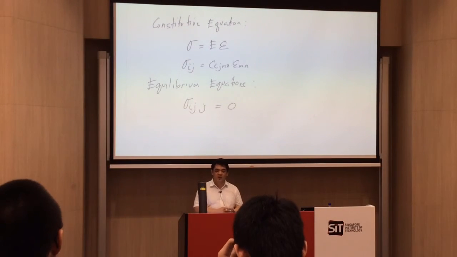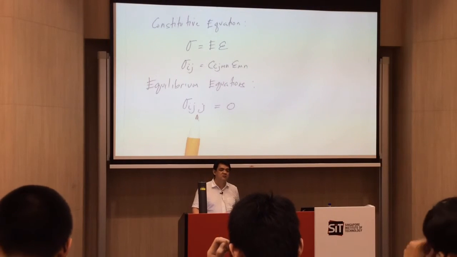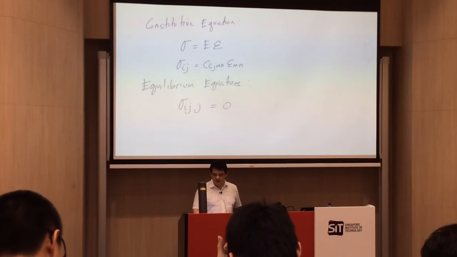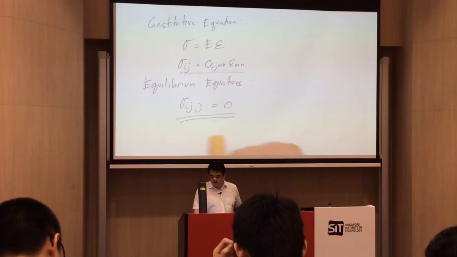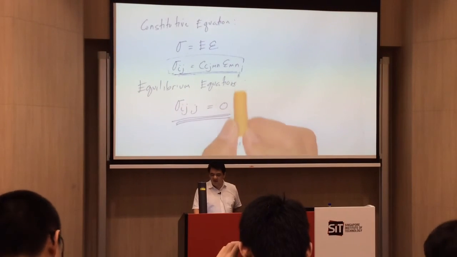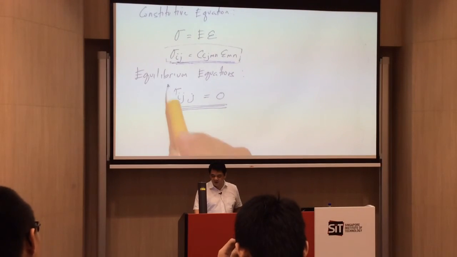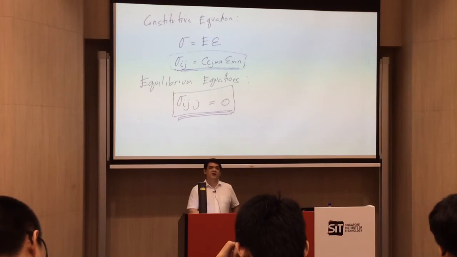That's your equilibrium equation. Comma meaning differentiation. Of course, we have discussed that instead of writing the whole matrix here, it is easier to write it in indicial form. The same is true with this one here. Okay? And then what else did we discuss?